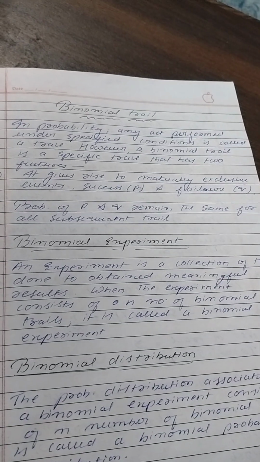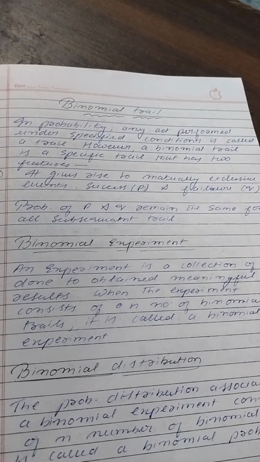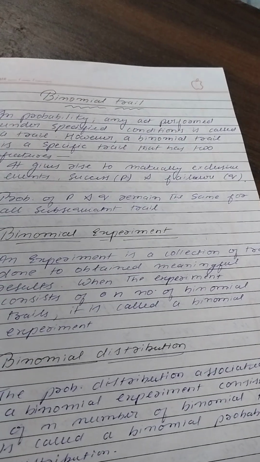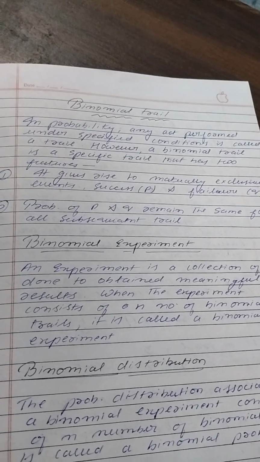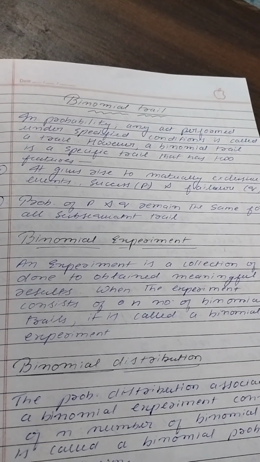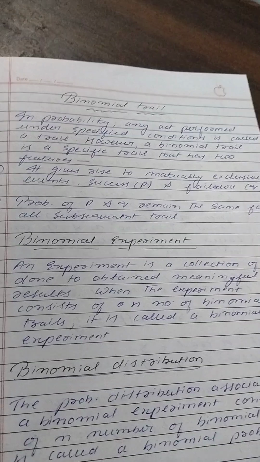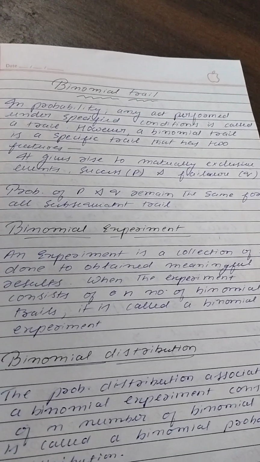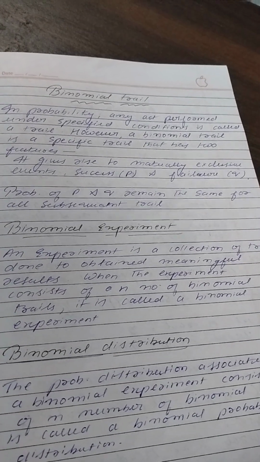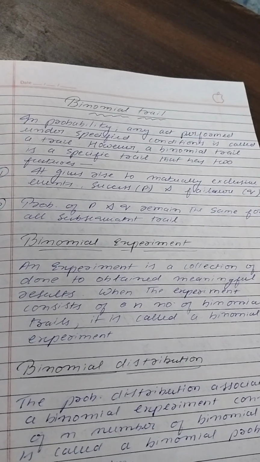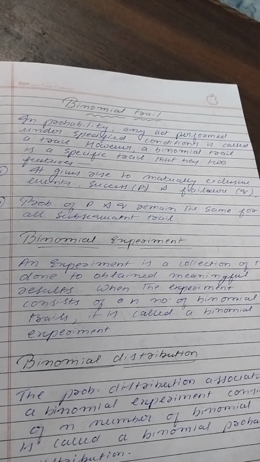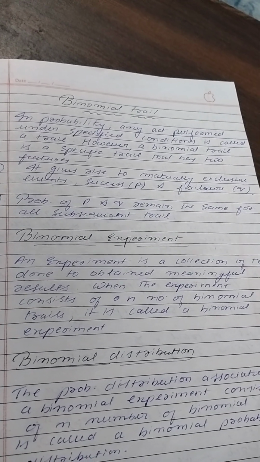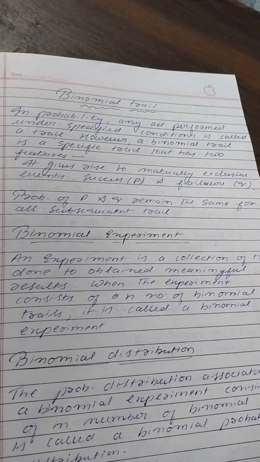Then we have the binomial trials. What is a binomial trial? In probability, any act performed under specific conditions is called a trial. However, a binomial trial is a specific trial that has two features.